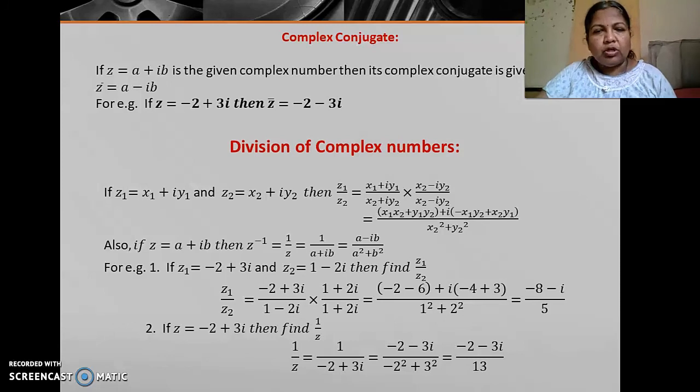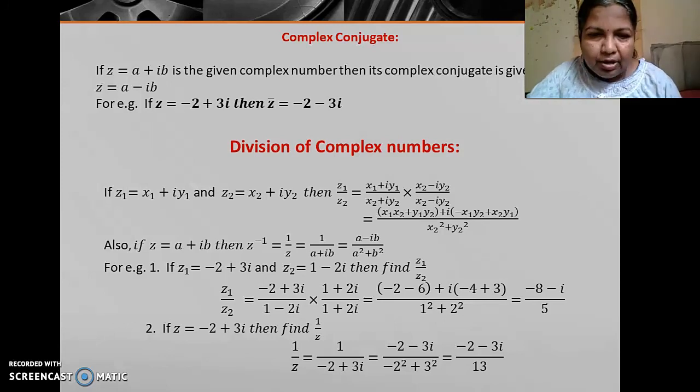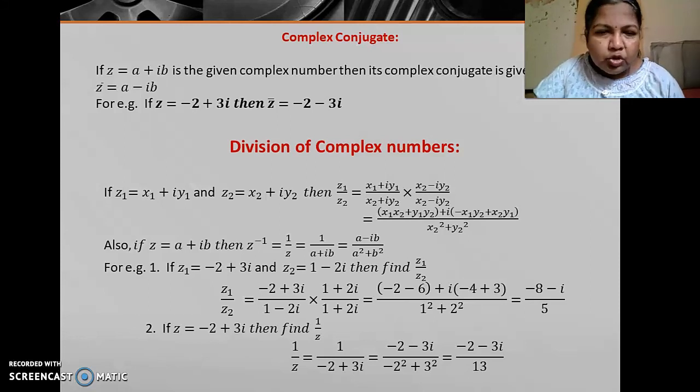For that we are multiplying and dividing by the conjugate of 1 minus 2i, which is 1 plus 2i. So multiply and divide both numerator and denominator by 1 plus 2i.